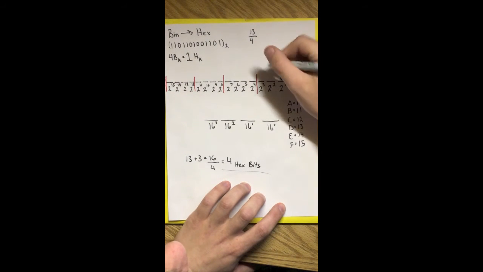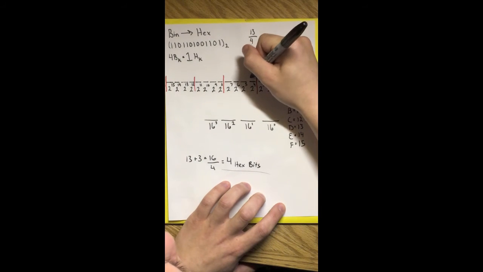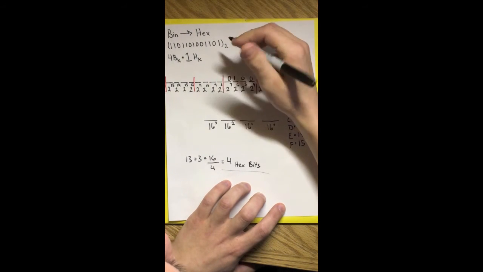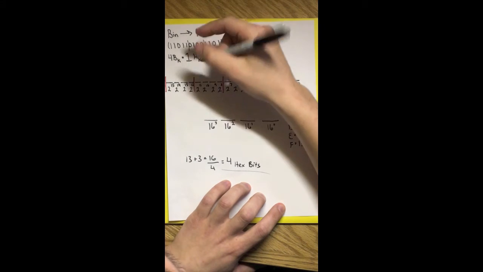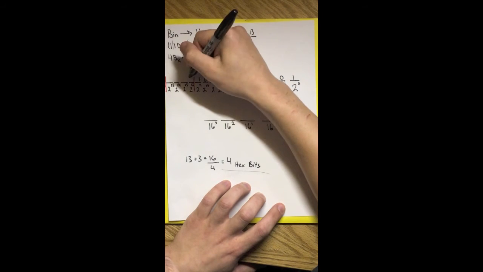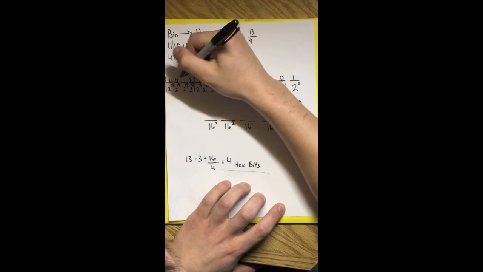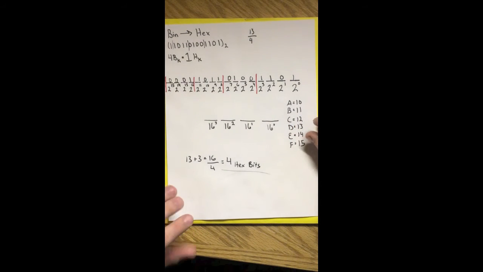1, 0, 1, 1, 0, 0, 1, 0, 0, 0, 1, 0, 1, 1, 0, 1, and then 1, and then just put zeros in the remaining places for placeholders, just so you remember that there is no actual value there.